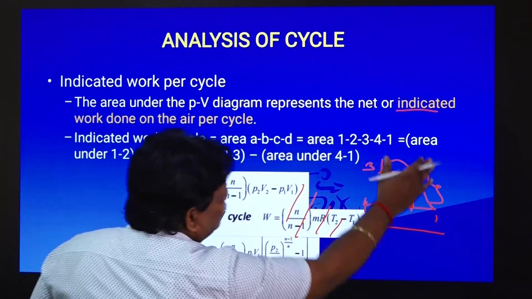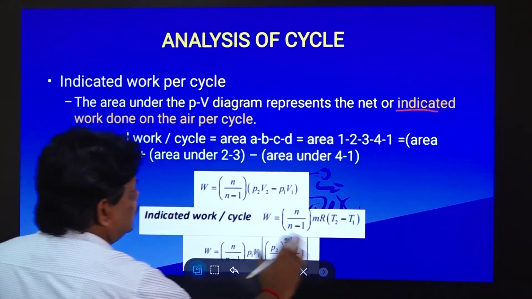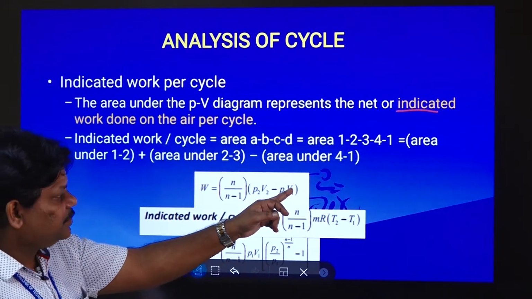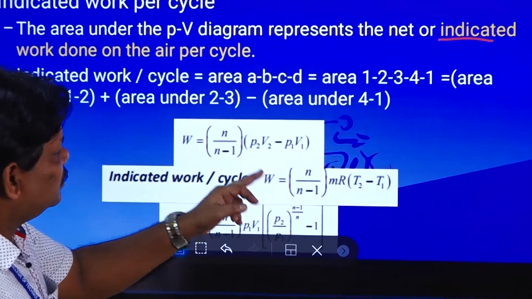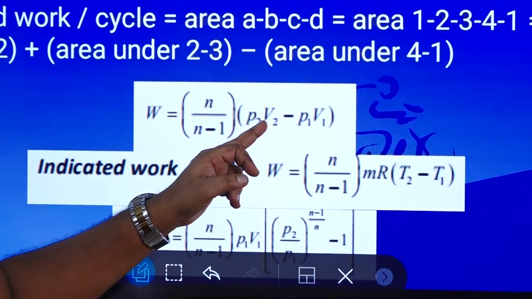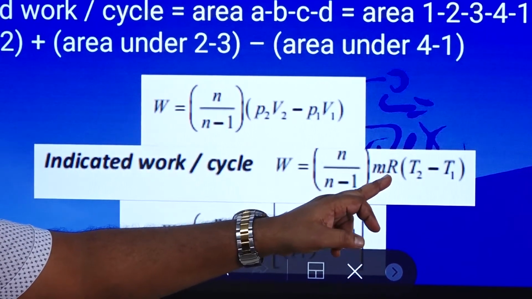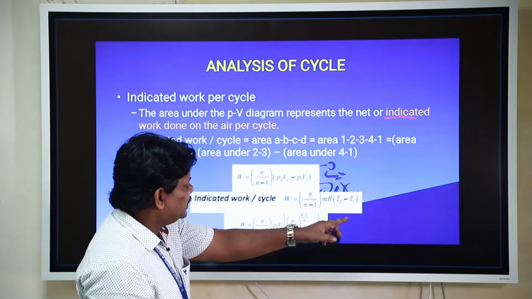Finding the total work, the formula is W equal to n by n minus 1 into P2V2 minus P1V1. The indicated work per cycle is n by n minus 1, taking PV equal to mRT, so m into R into T2 minus T1.